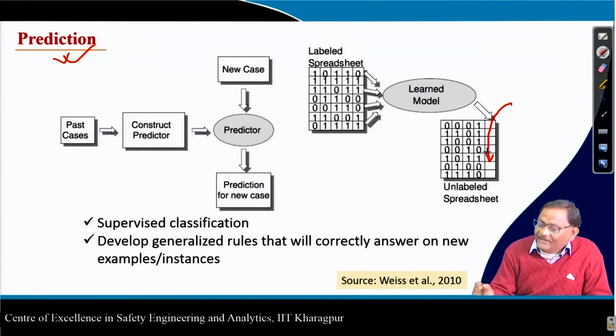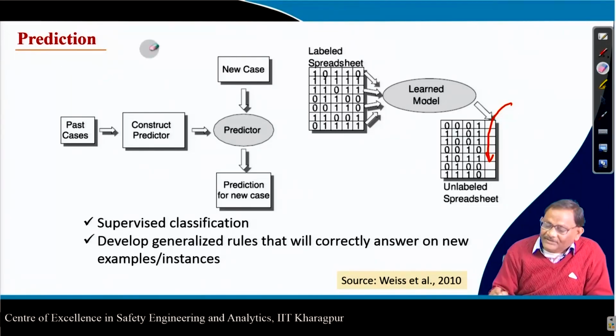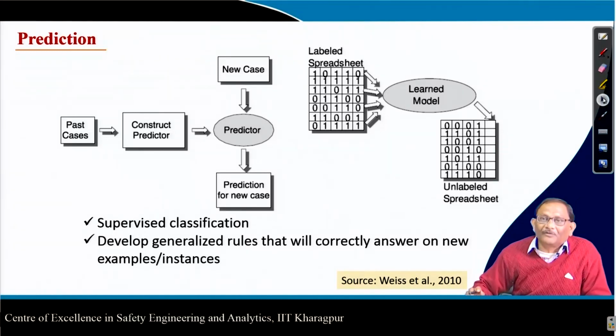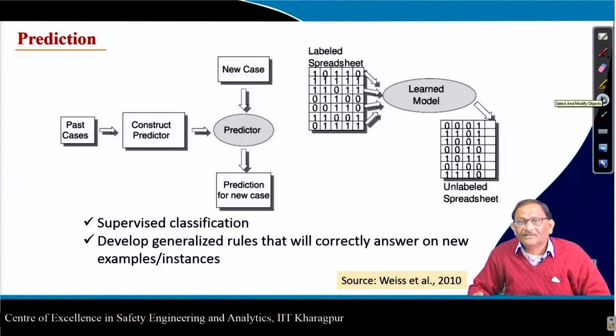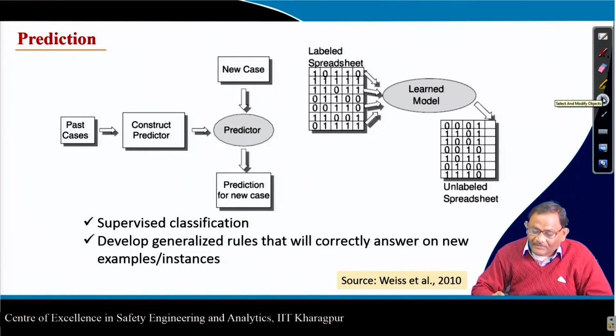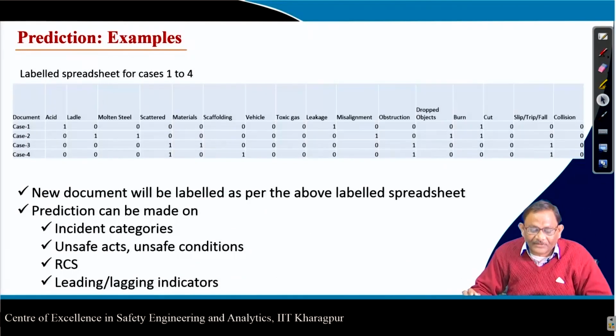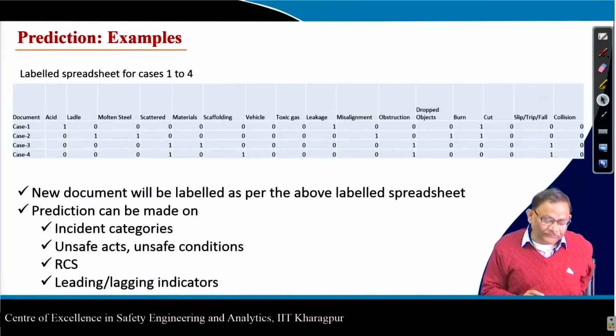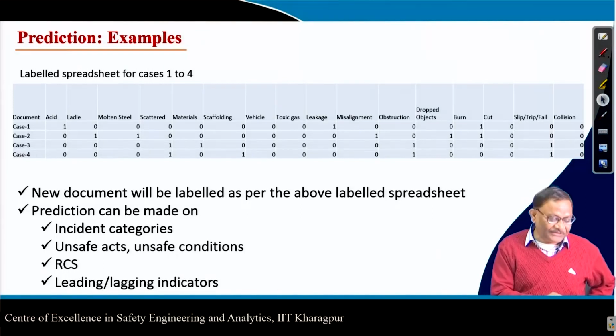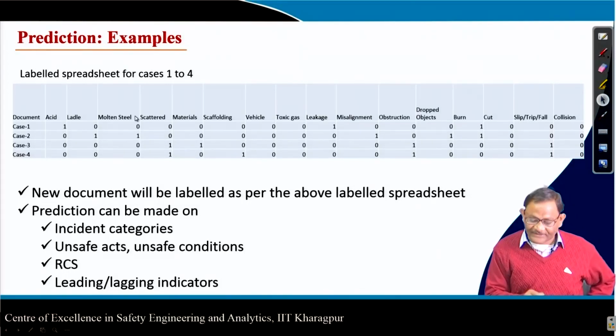Now what will you predict? You can predict many things in the safety domain. The minimum one people will say is the probability of having a fatal accident at a particular location at a particular point in time, whether that is possible or not. Anyhow, from the word as well as document point of view, these 4 cases give this spreadsheet.